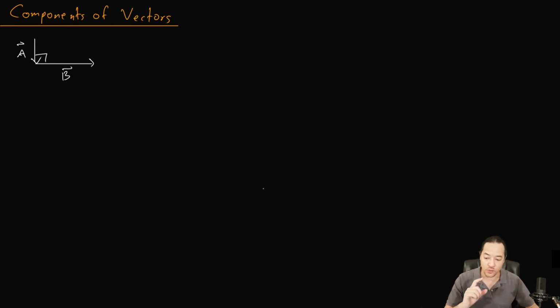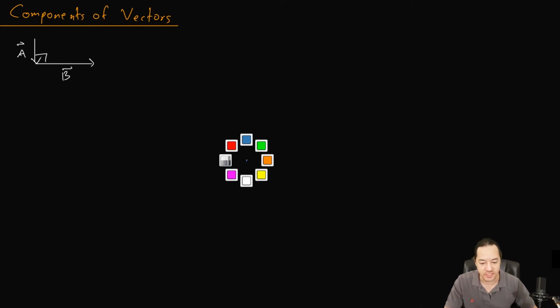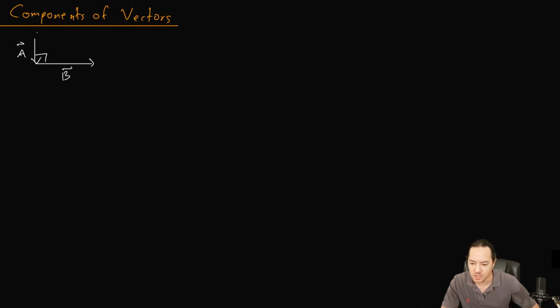And so when we have these two vectors at a right angle, we can add them together and we're going to wind up getting a resultant that looks something like this, right? Something like that.